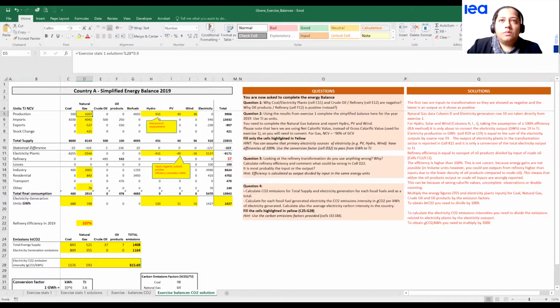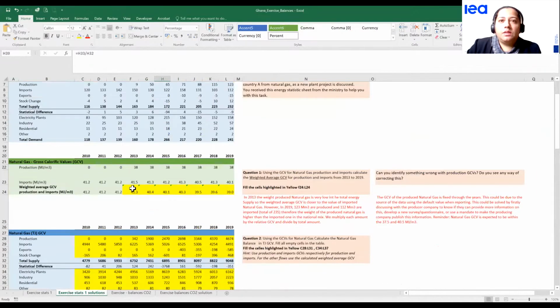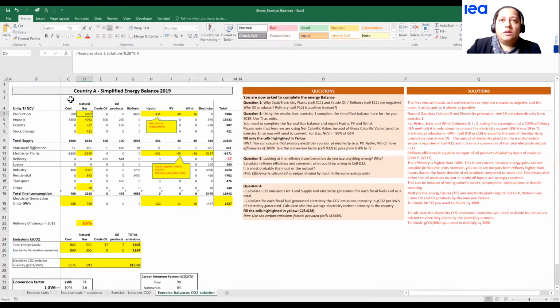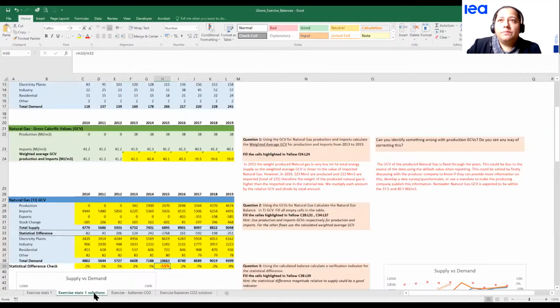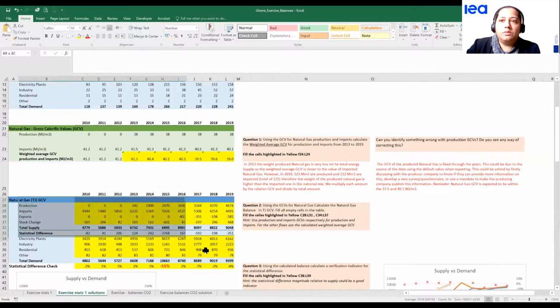In the exercise we looked at yesterday, for the year 2019, you will link it to this one, which is in terajoule gross calorific value. You will multiply it by 0.9 because that's the conversion from gross to net. There's a 10% difference. Same for imports, everything you will link to that table.